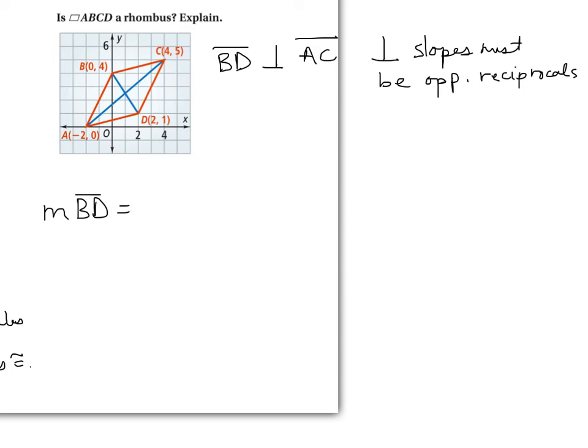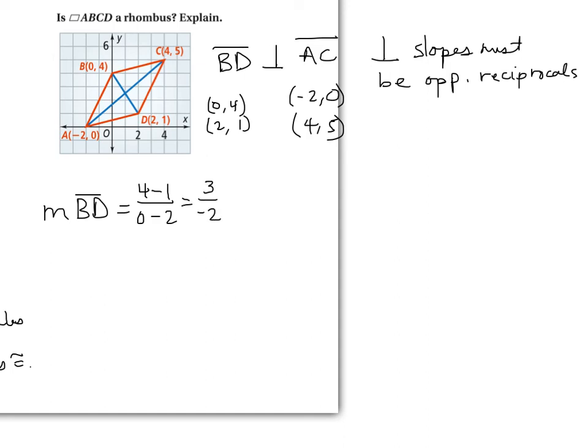So, I need to figure out what's the slope of BD. Well, line BD has the ordered pairs (0, 4) and (2, 1). AC has the ordered pairs (-2, 0) and (4, 5). So I need to find the slope here. The slope of BD is going to be 4 minus 1 over 0 minus 2, which, 4 minus 1 gives me 3, 0 minus 2 gives me -2.